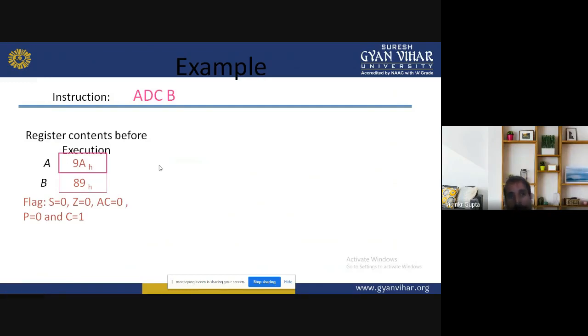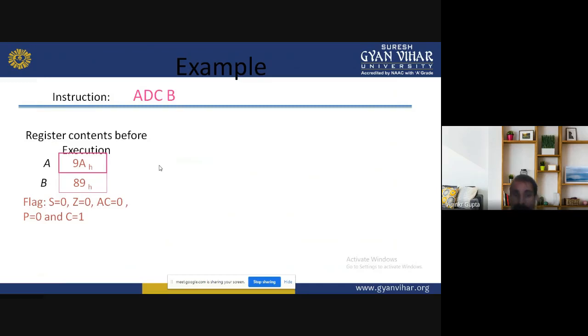If the previous flag has the carry, then we add it to our result. How will we add? Suppose I am writing one program: MVI A, 9AH; MVI B, 89H; ADC B. In the first instruction, the accumulator A gets 9A.